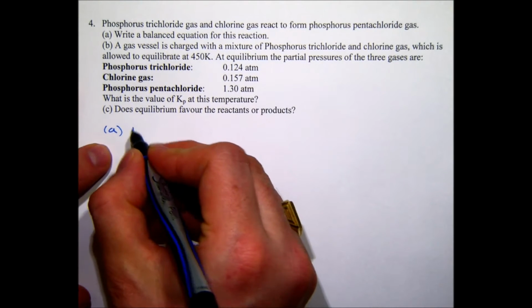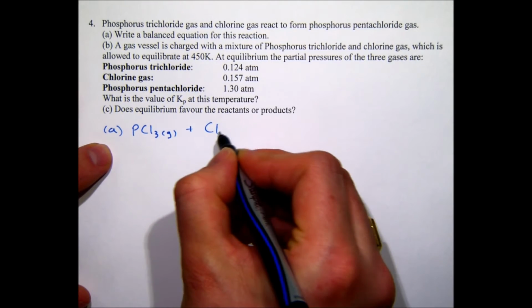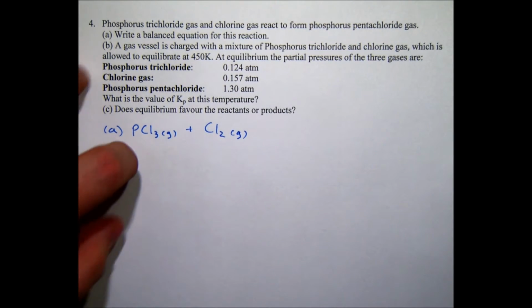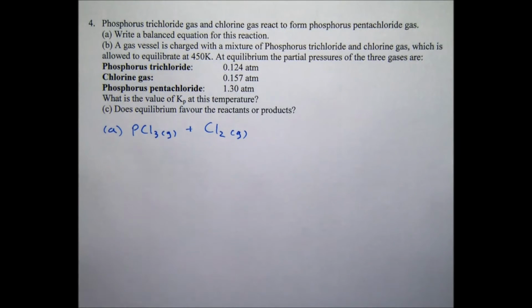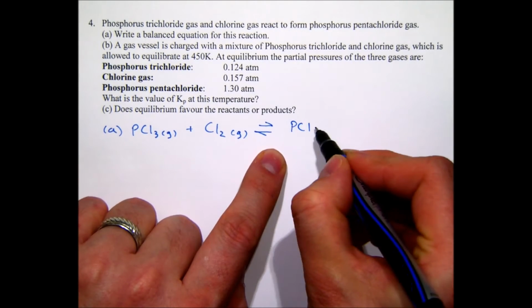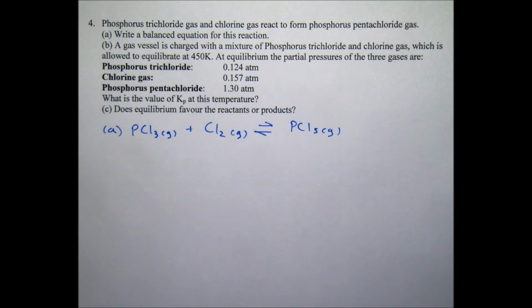So phosphorus trichloride gas plus chlorine gas. Remember that chlorine is a diatomic molecule. That's one little thing that causes a problem sometimes. And that gives me phosphorus pentachloride gas. So write the balanced equation. It should all be 1-to-1.